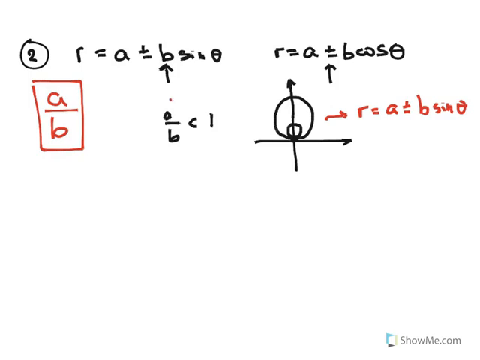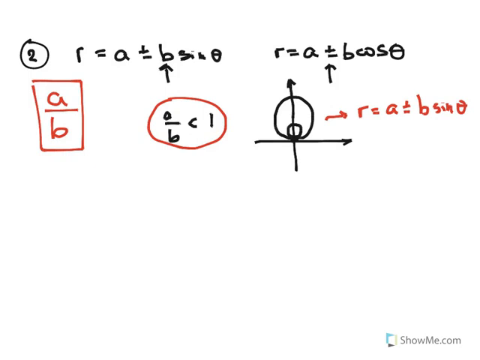Okay, and this condition is very important. So if A is less than B, and it's A plus or minus B sine of theta, then you do have that inner loop and centered at the origin. You're touching the origin.